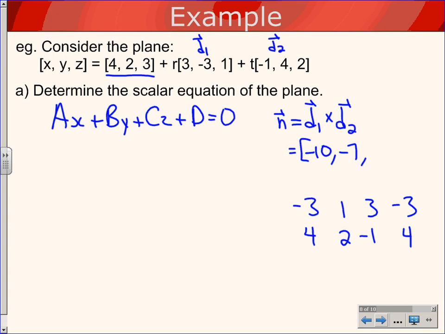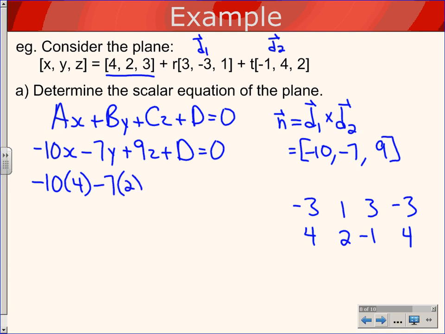So our A, B, and C values. I got minus 10x, minus 7y, plus 9z, plus d. And I'm going to sub in that point 4, 2, 3. So minus 10 times 4. And then what does that turn out to be? So it's minus 27 on this side.